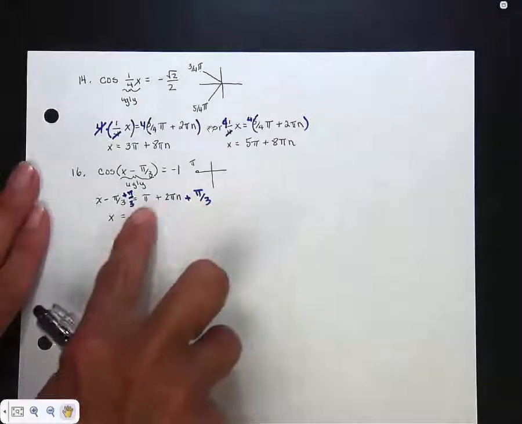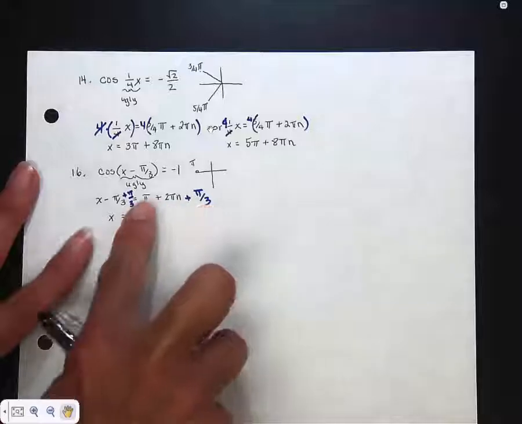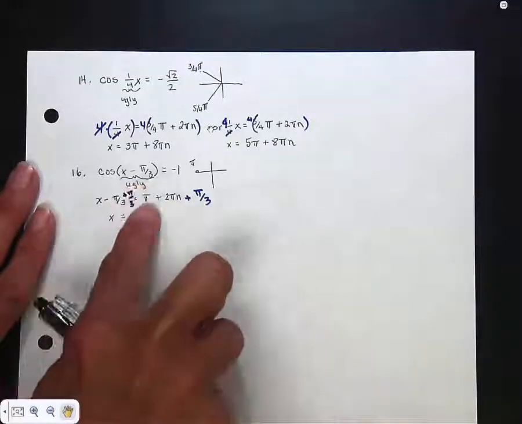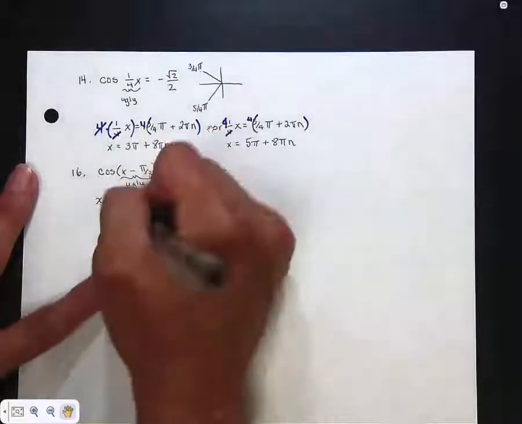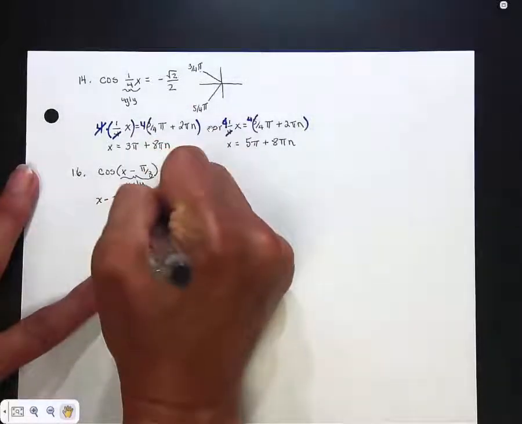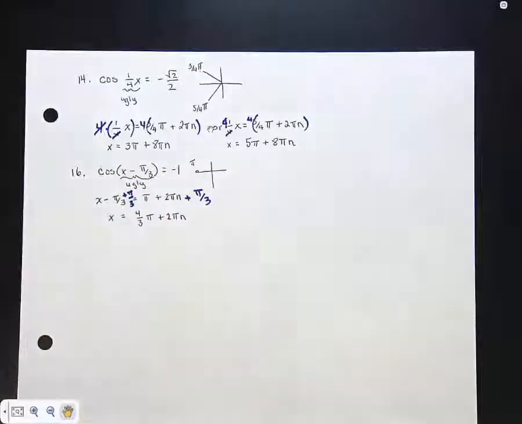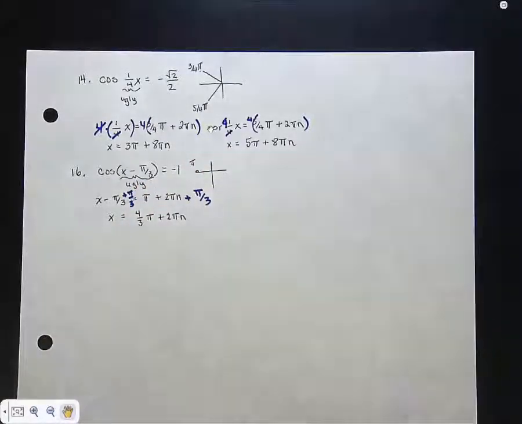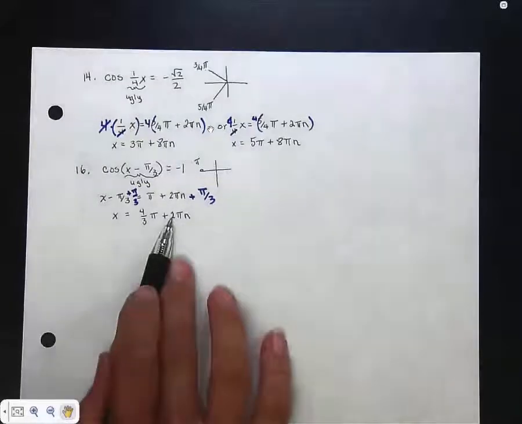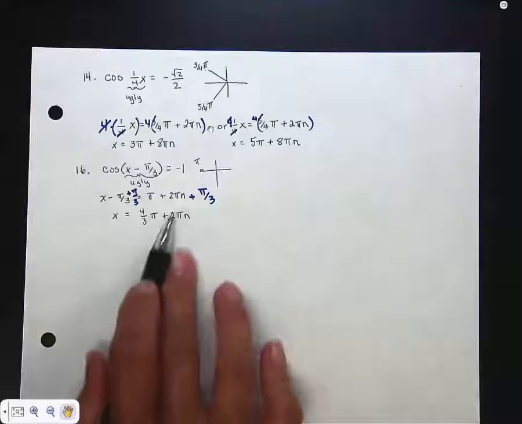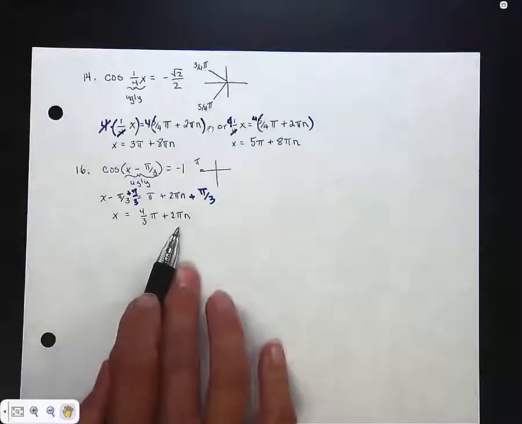You're adding pi plus pi over 3 because those are like terms. This is 3/3 plus 1/3 is 4/3 pi plus 2 pi n. 4/3 pi plus all of the coterminal angles in infinitely many revolutions of the unit circle.